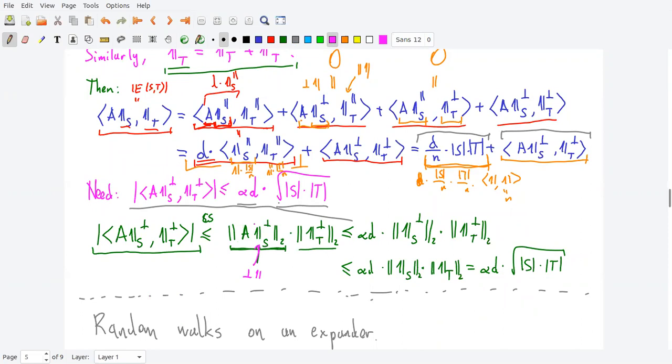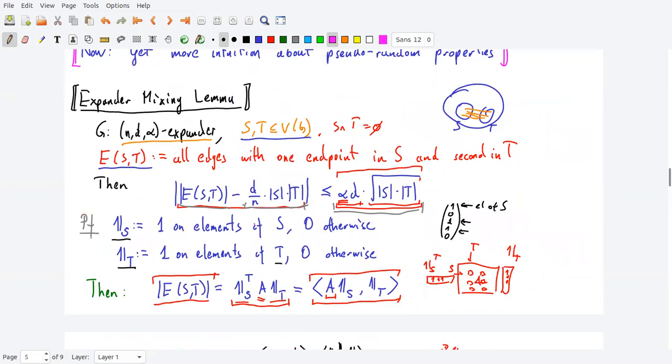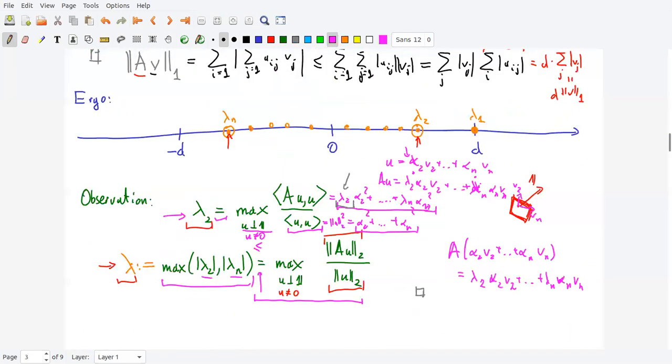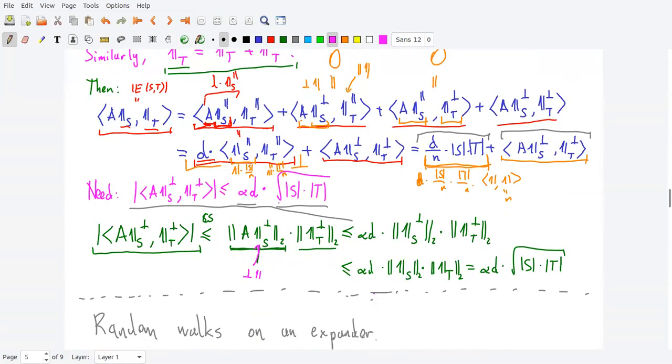So as we noted here, in this subspace, if I apply A, the L2 norm doesn't grow by D. It grows much better: it scales by at most alpha times D, because this is the second eigenvalue up to the absolute value.